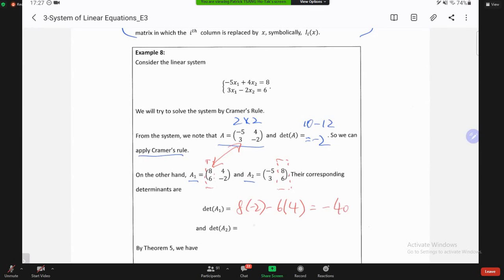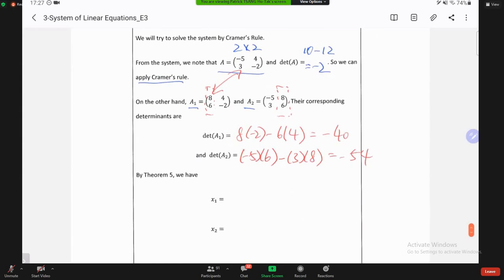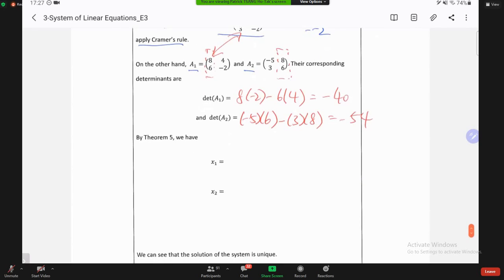Similarly, for A2, the determinant of A2 is -5 times 6 minus 3 times 8. So the answer for this determinant is -54. Very good. The classmate is very helpful to help us compute the numbers. Thank you very much. And then we are ready to apply Theorem 5 and get the solution values, right?